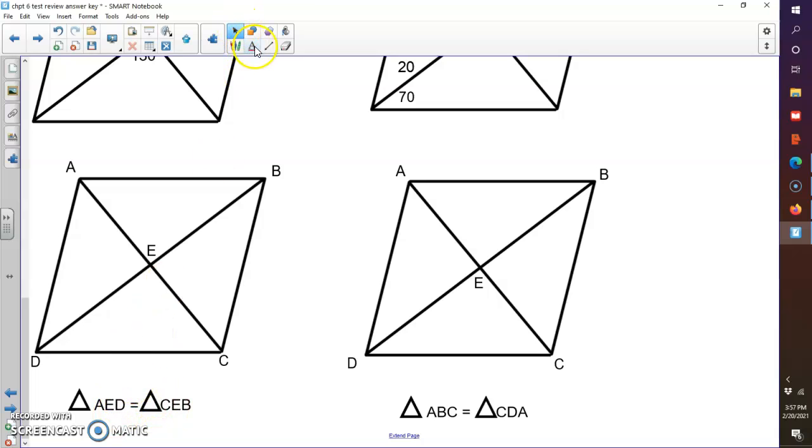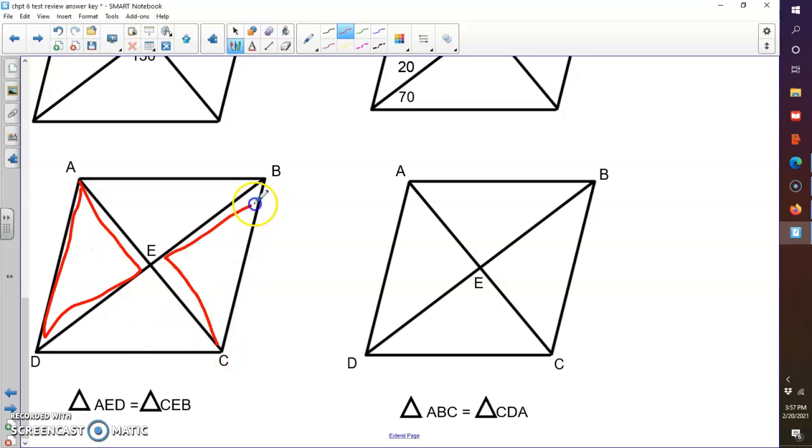Down here, when you have congruent triangles, okay, AED is congruent, I know that's not that neat, but I want you to be able to see it, is equal to CEB. We have a few options here. Since the triangles are congruent, the alternate interior angles have to be congruent because corresponding angles of congruent triangles have to be congruent. So we could say, yes, definition of a parallelogram.